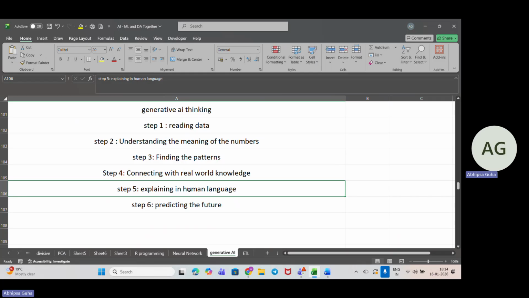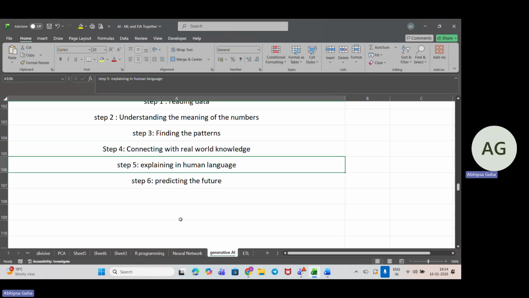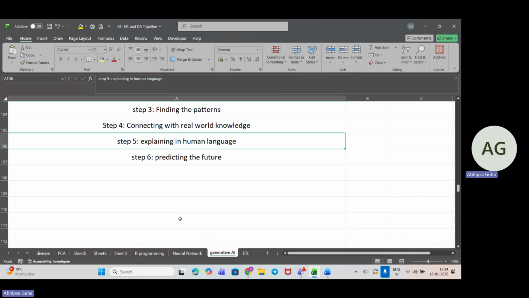And answering the question. Predicting the future comes later. Answering the question, of course traditional analytics doesn't answer the question, but generative AI does. Okay, so this is the idea. Predicting the future: there is a part of predicting the future in traditional analytics, but that is limited, not up to the mark.